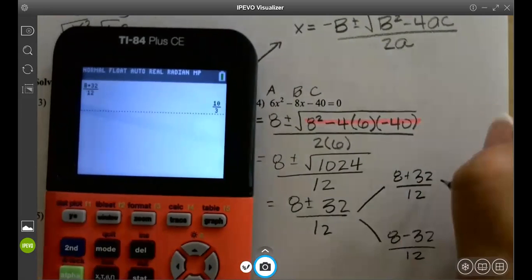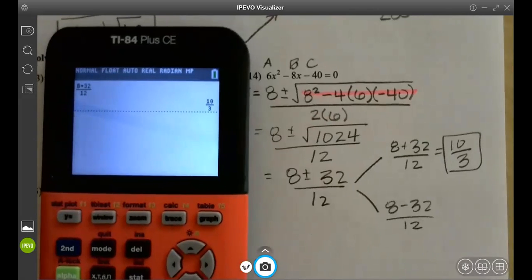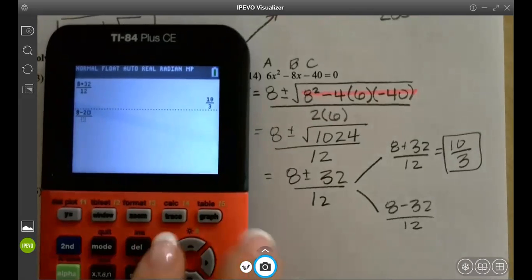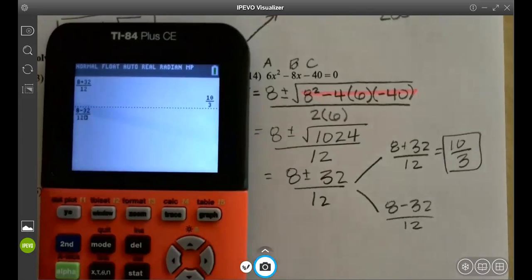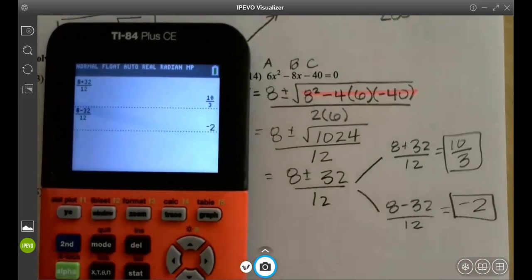That way it gives you the fraction. 10 over 3 is your first answer because your answers will be in fractions. They will not be in decimals on your test. They are multiple choice, okay, but they will not be in decimals. The next one, again, alpha y equals 8 minus 32 over 12 is negative 2.